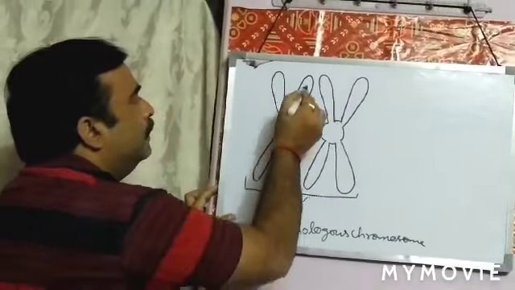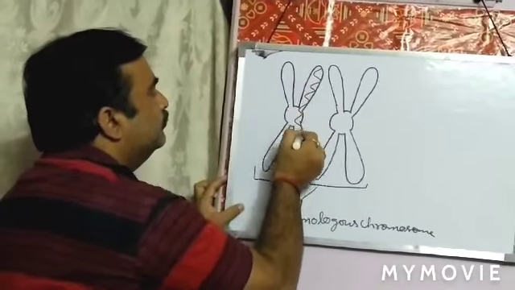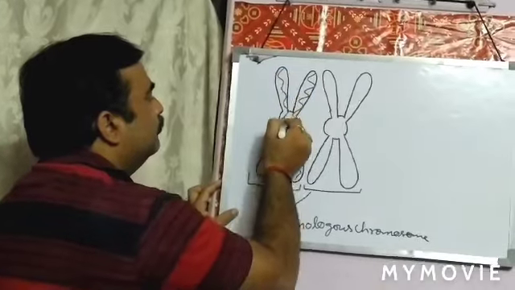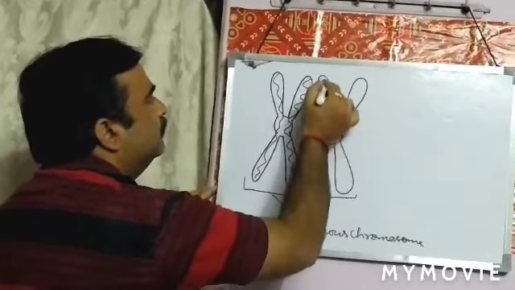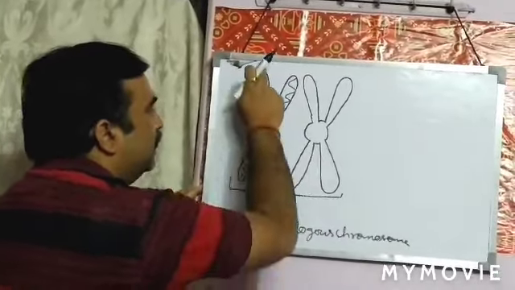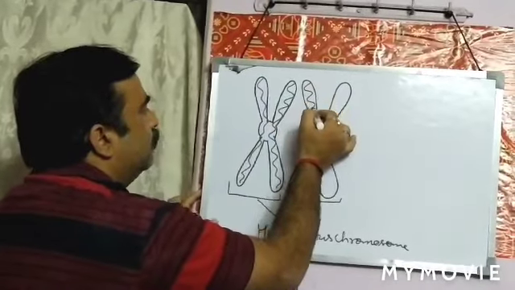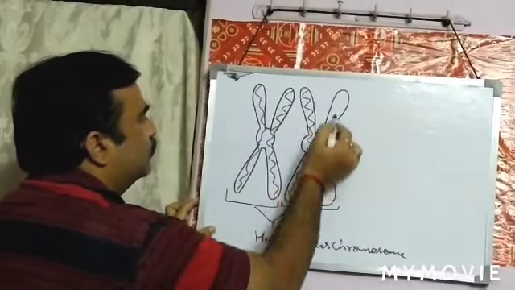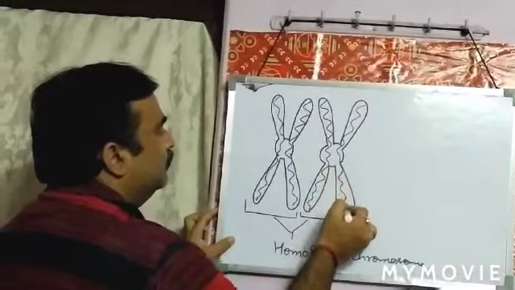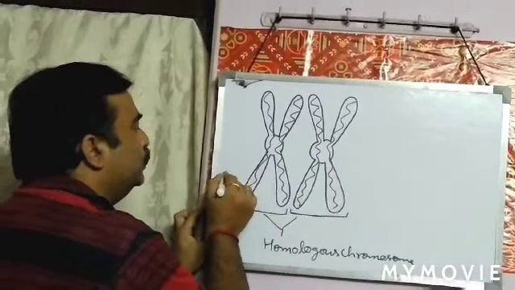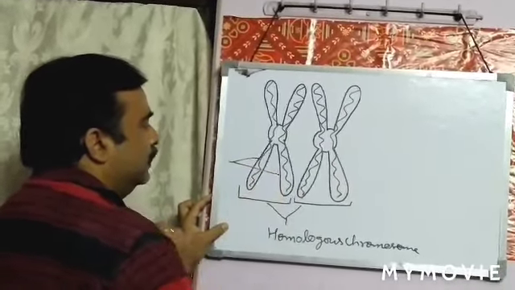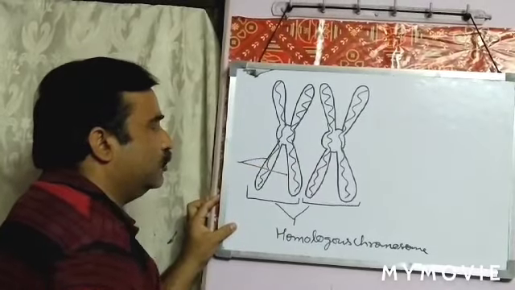And the chromatids of one chromosome, the two chromatids of the same chromosome, are considered as what? Sister chromatids.